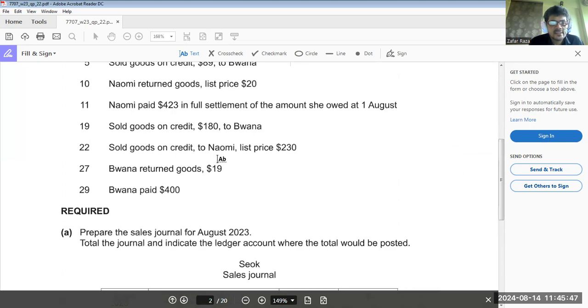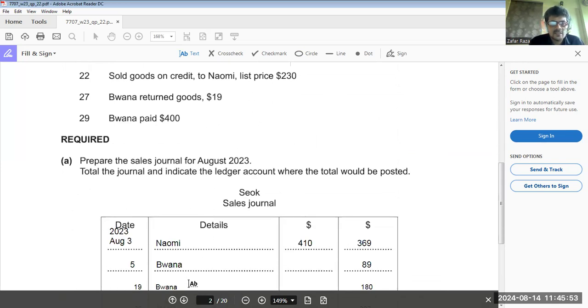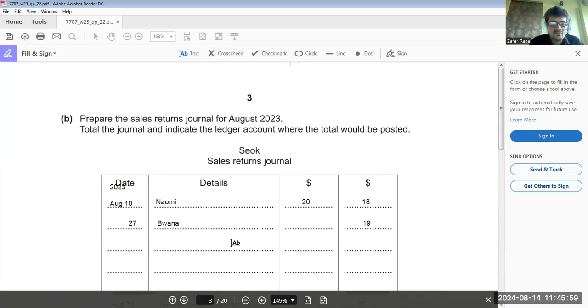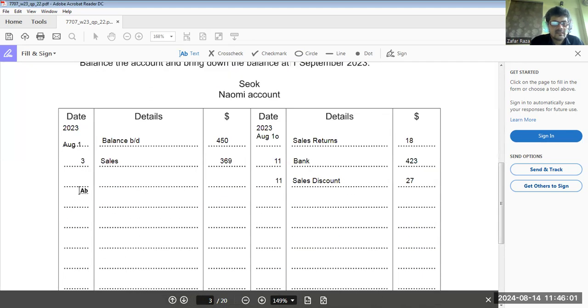Then again, we have sold goods on 22 to Nomi for 230 list price, but the amount is 207. That is 22.